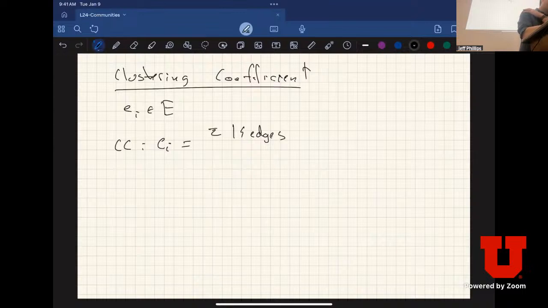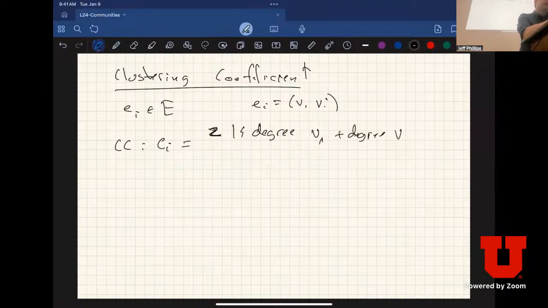It's going to be 2 times, so this edge e_i is going to be between v and v prime. The degree of v plus the degree of v prime.